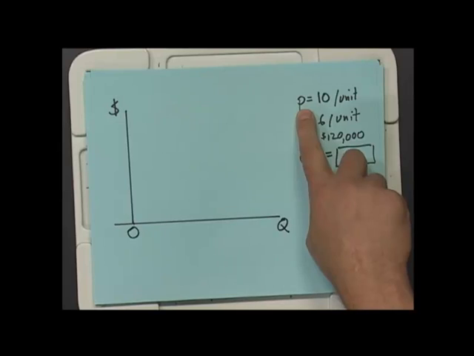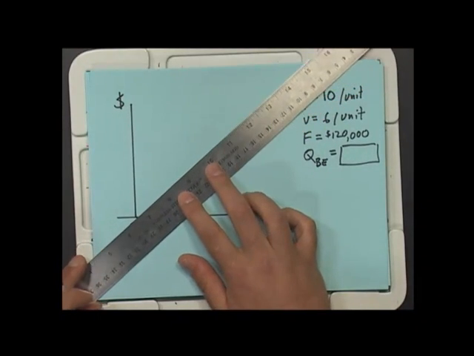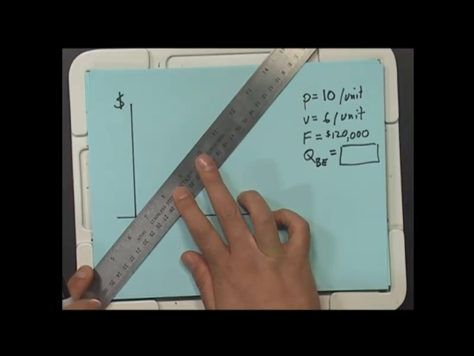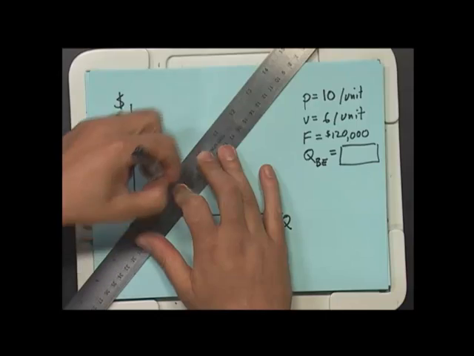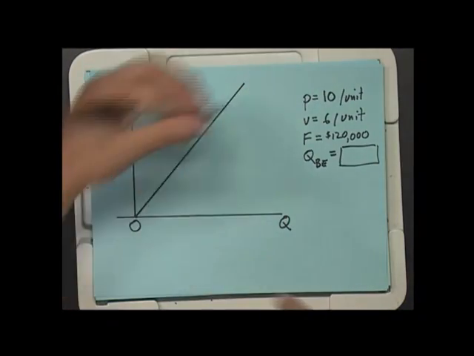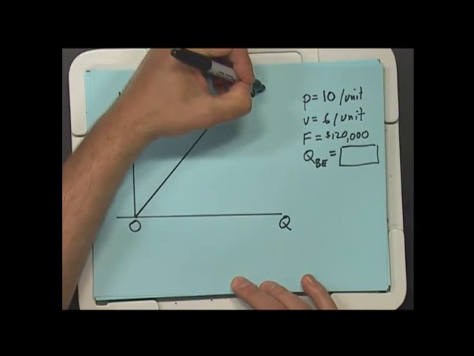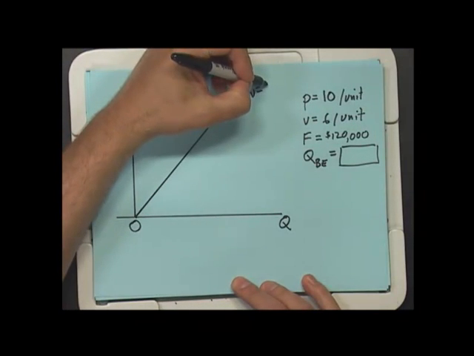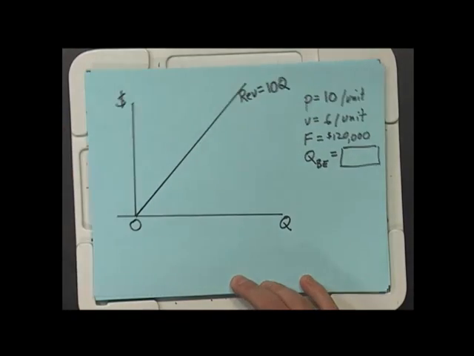The first thing we can ask ourselves is, how much revenue do we bring in? Well, revenue is going to be a fairly steep slope of 10, so this is revenue, and that's simply going to be 10 times Q.